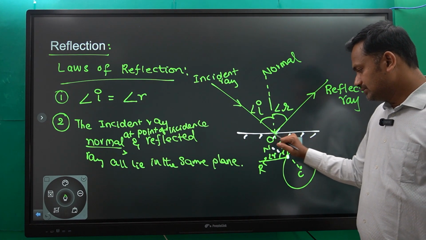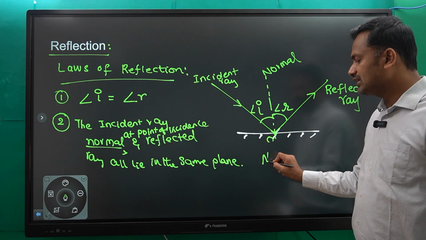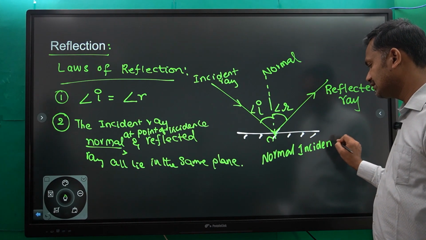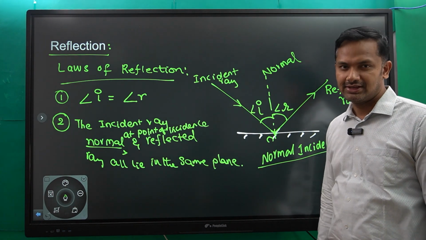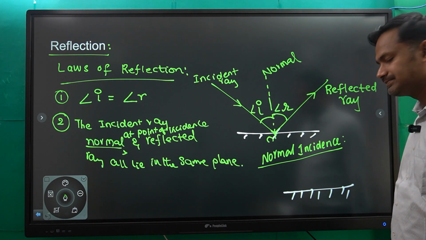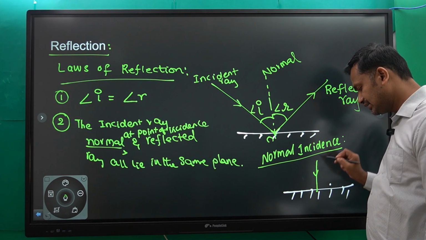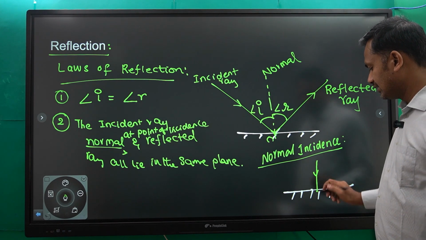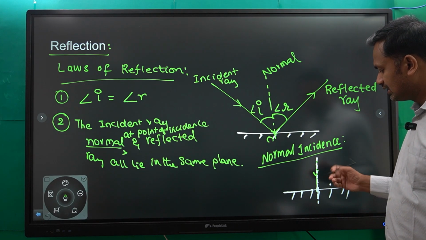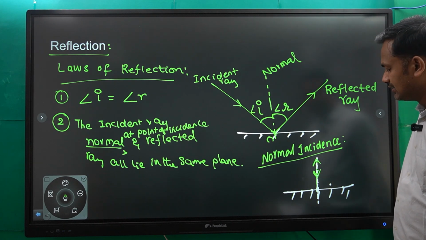Now let us see normal incidence. What is normal incidence? This is a plane mirror. If a light ray is incident on it perpendicular to the surface, then at this point, if we draw the normal, the ray is incident along this direction and gets reflected back along the same path.